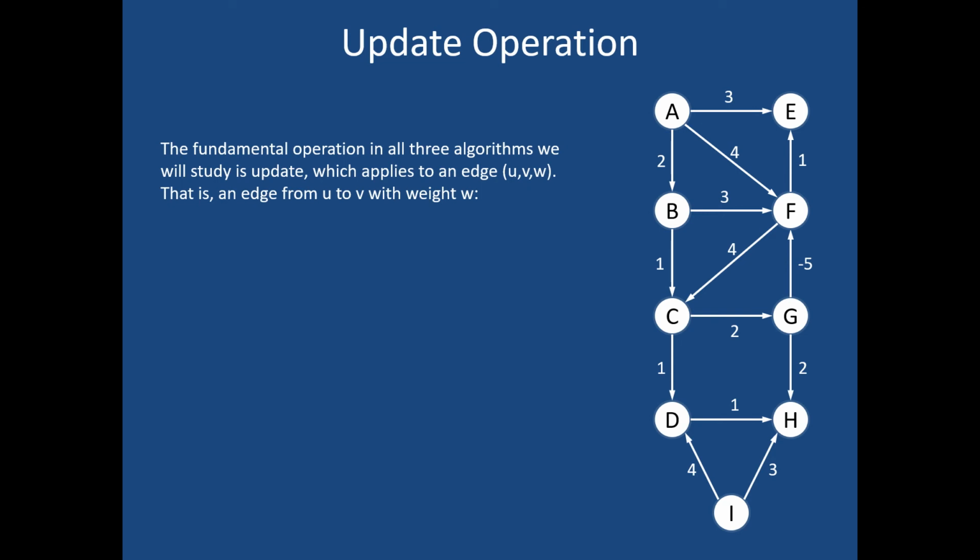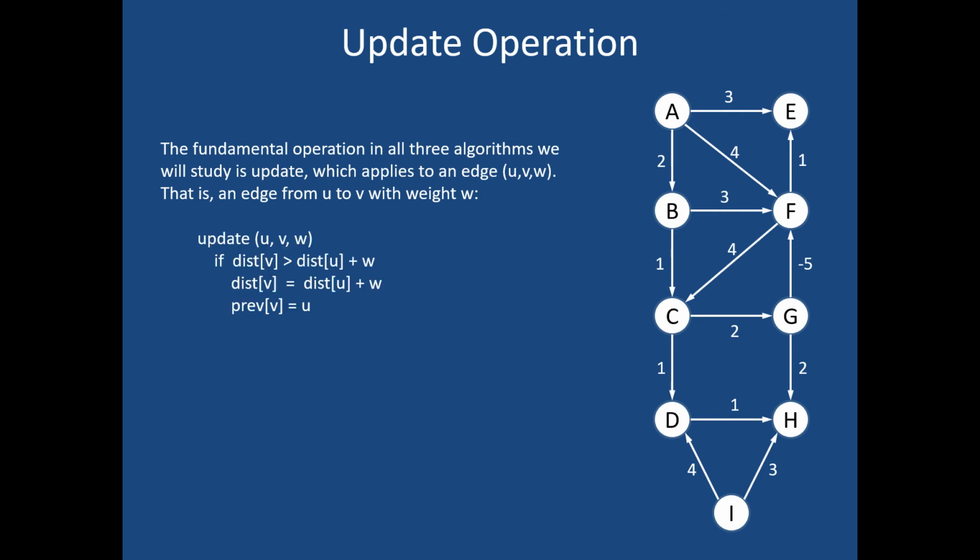But all 3 algorithms use the same fundamental operation called the update operation. And all these algorithms operate by doing update operations all around the graph, and they differ in the order in which they do them. That's the only difference, and they differ in how they decide on that order.